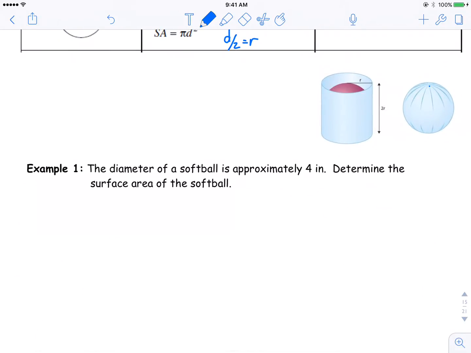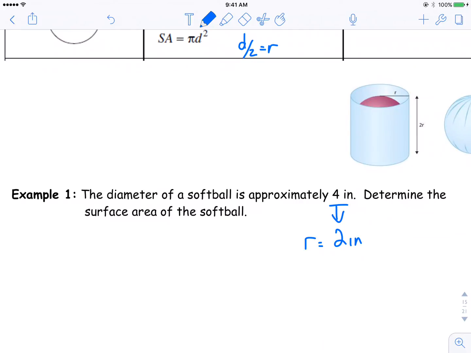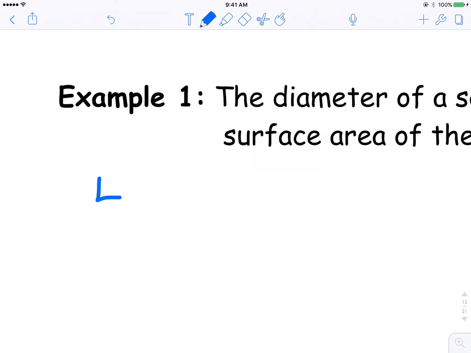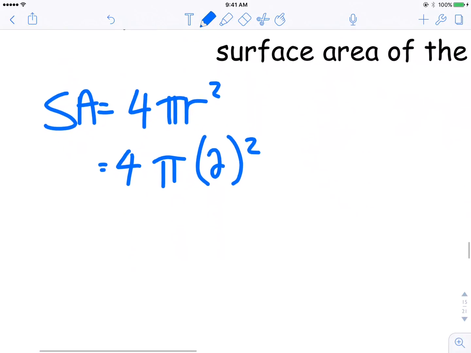I'm going to use the radius formula, and if I'm doing that, I need to first take this and divide it by 2 to give me a radius of 2 inches. So r is equal to 2 inches. Surface area of my softball is going to be 4 pi r squared, which is 4 times pi times my radius, which is not 4 but 2 squared.